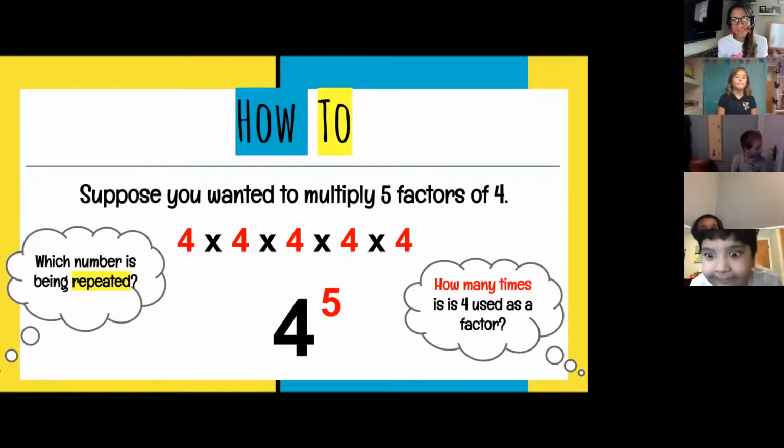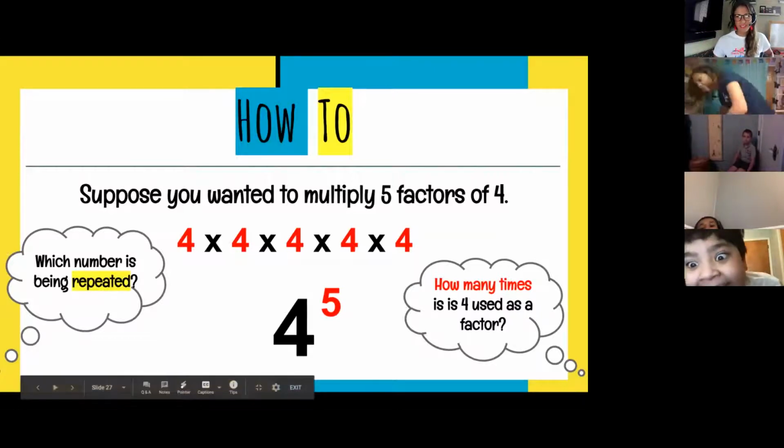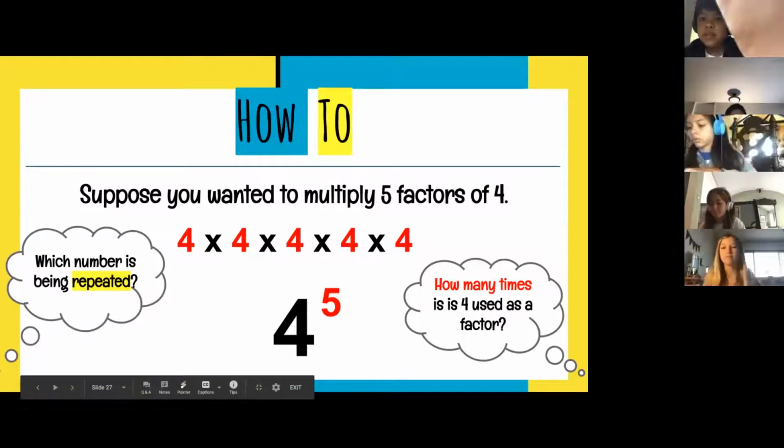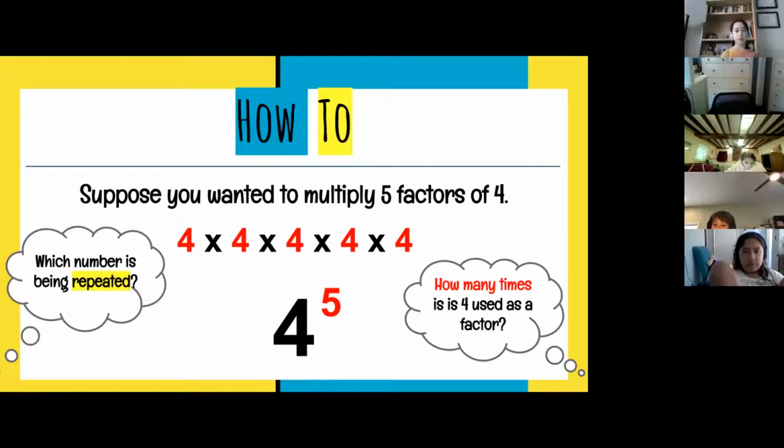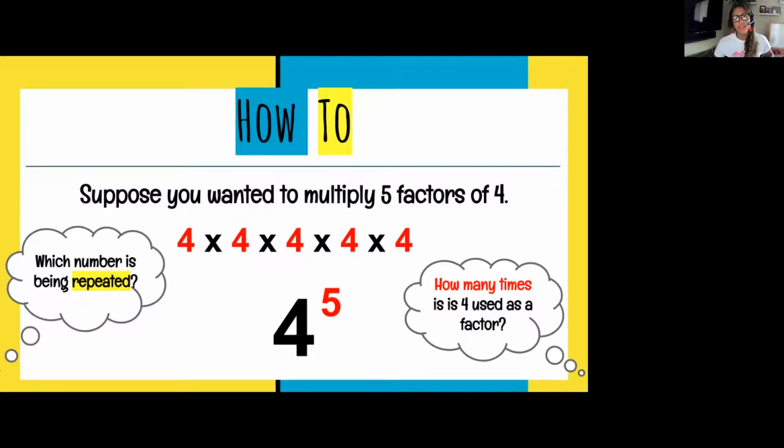That exponent is very powerful. That 5 is so powerful. The exponent is powerful. It's got a lot of power because it can make the factor of 4 multiply by itself by whatever amount.